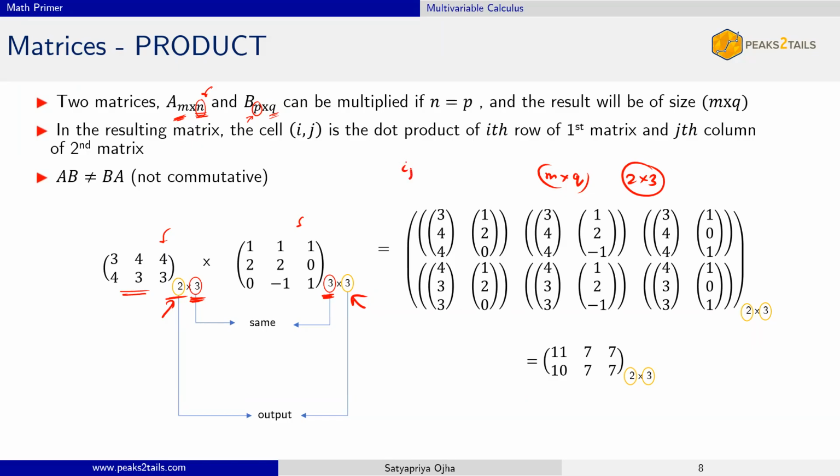The ijth entry in the final matrix is the dot product. The cell ij is the dot product of ith row of the first matrix and jth column of the second matrix. That's how you can remember. Okay, so I have to fill up 6 cells, correct? It's a 2 by 3 matrix. I know that. This is the first cell.